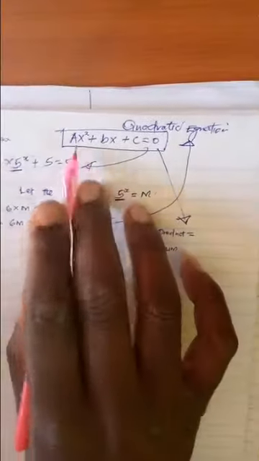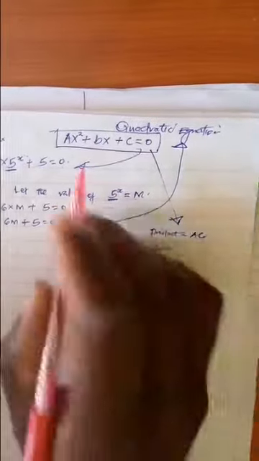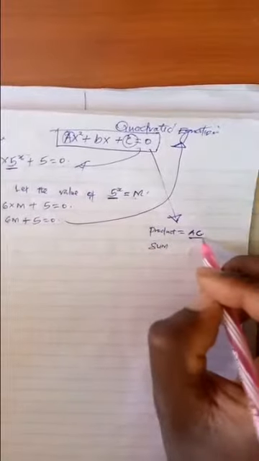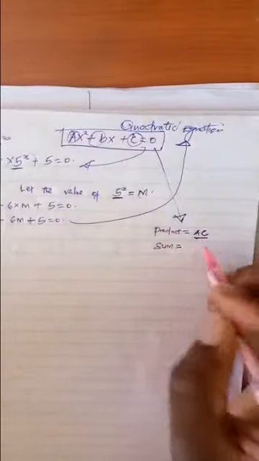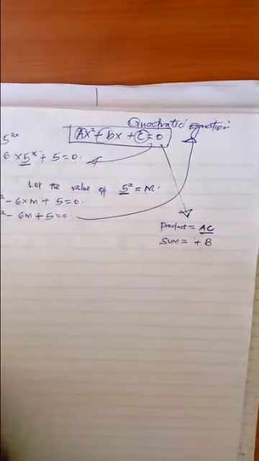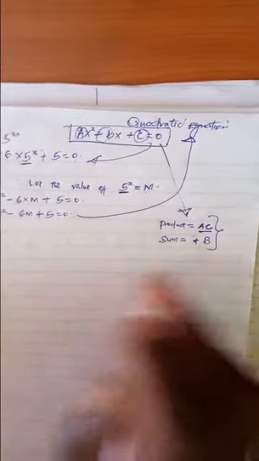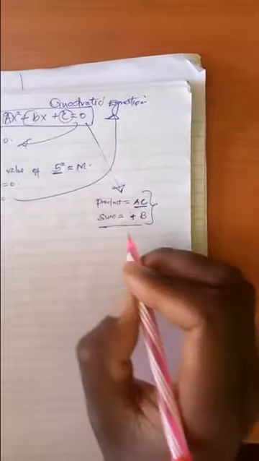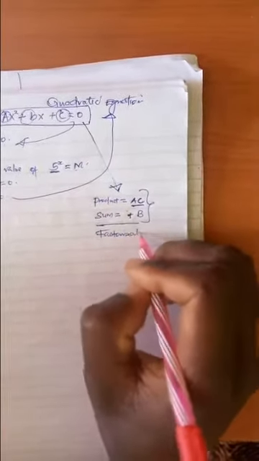The product is a times c: you take this value multiplied by this value, and that will give you the product. The sum is always this value, b, and you take it with the sign, that is plus b. When you decide to use this method, it is called the factorization method.